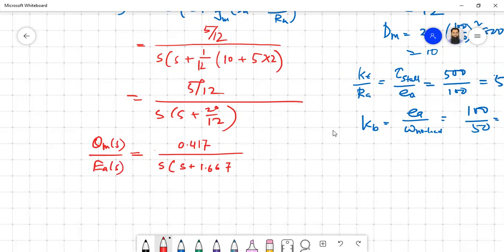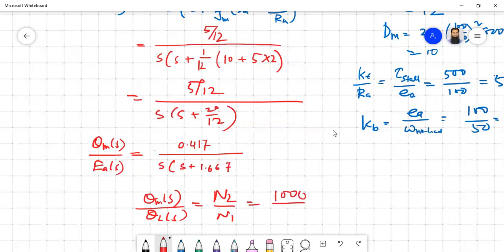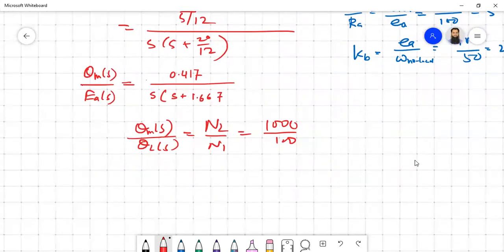But we actually have to find out theta L. So theta m has to be replaced by theta L. So theta m(s) by theta L(s), which is basically theta 1 by theta 2, is inversely proportional to N2 by N1. Okay, so what we are going to get here is 100 divided by 1000, or we can say that theta m(s) can be replaced by 10 theta L(s).